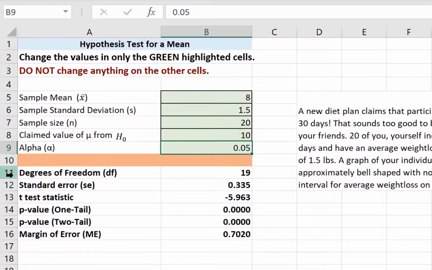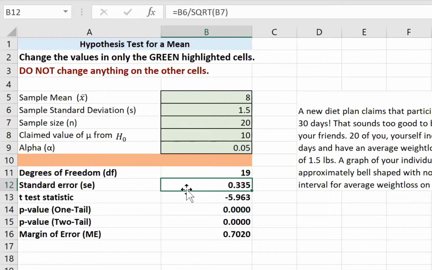Our results below. Degrees of freedom, this comes from using the t-test statistic, is n-1. If you click on these values, it will show you the formulas that are being used to calculate. So you can see the inner workings of the software here. I like this about Excel, that you can click on things and really see the formulas that are happening. So the standard error for a single sample mean is the standard deviation of the sample divided by square root of n.